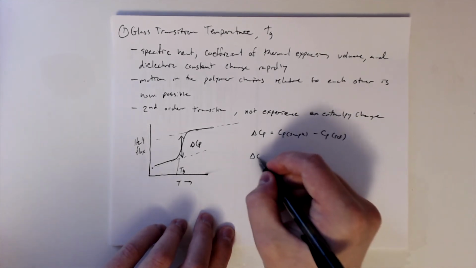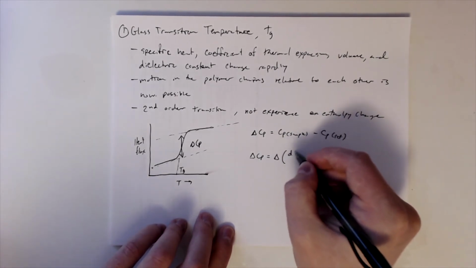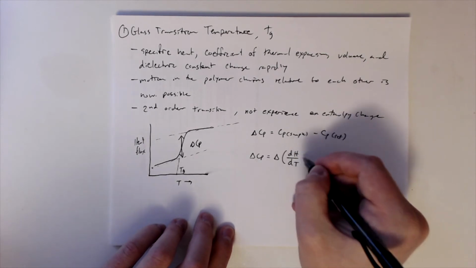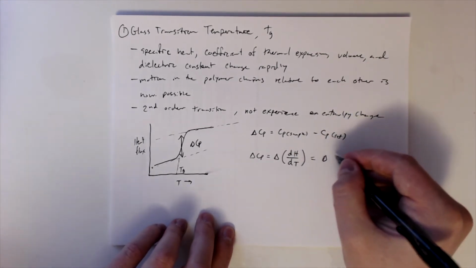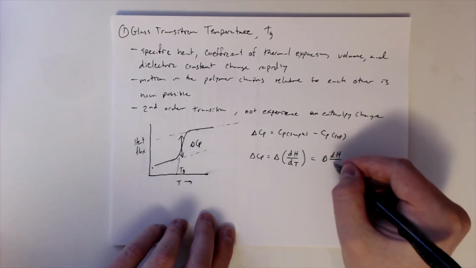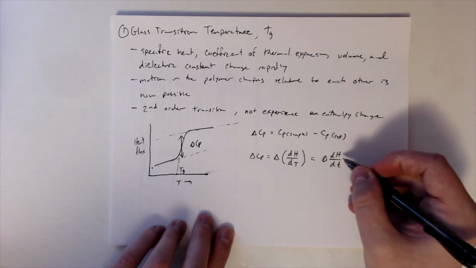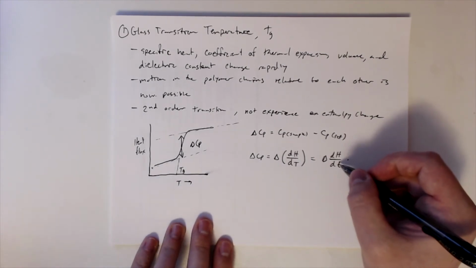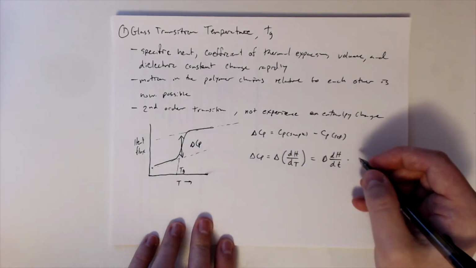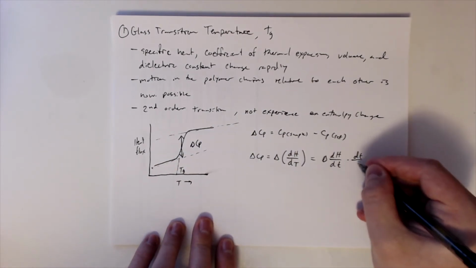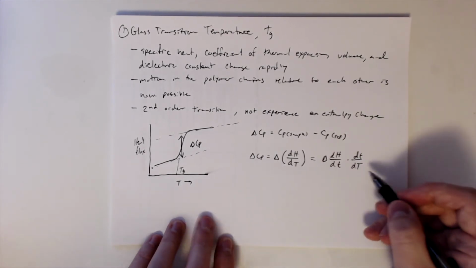And we can define the heat capacity as the change in enthalpy with the change in temperature. We can also write that in terms of the change in enthalpy with time, so the rate, so that's a flux, times dt over dT, which is the scan rate, right?